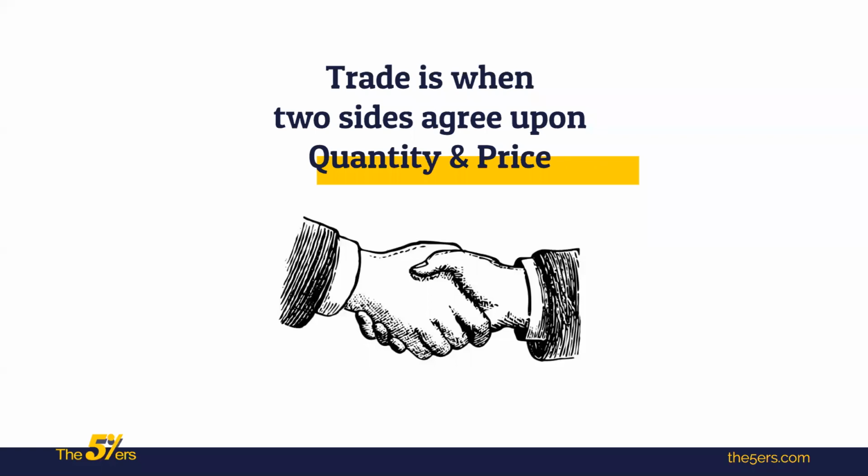And a trade always has two sides. It has a buyer and a seller, and both of them have agreed upon quantity and price. And price could be changed or unchanged.